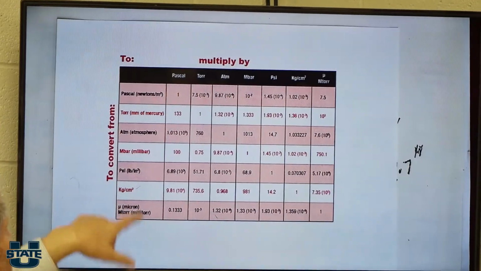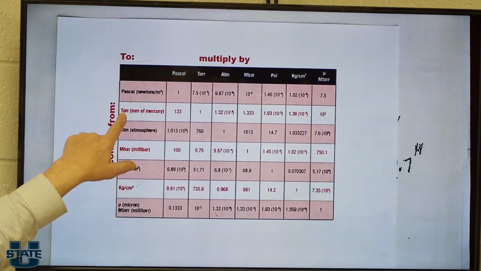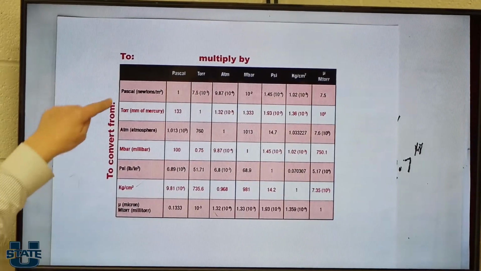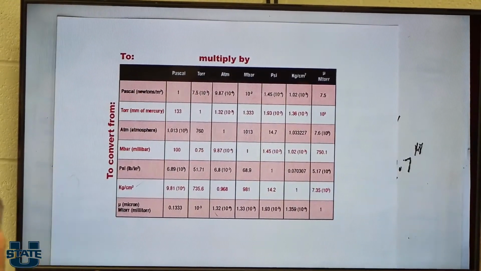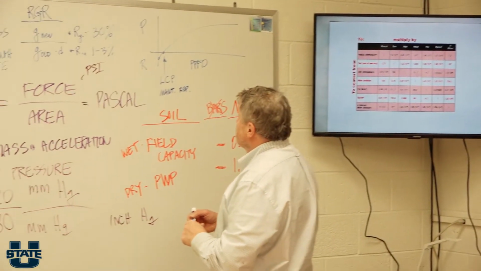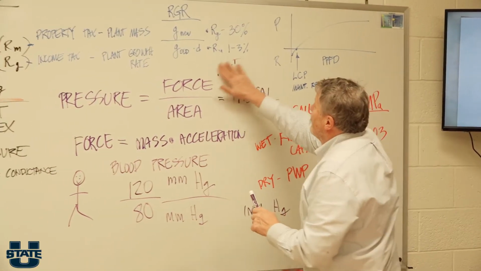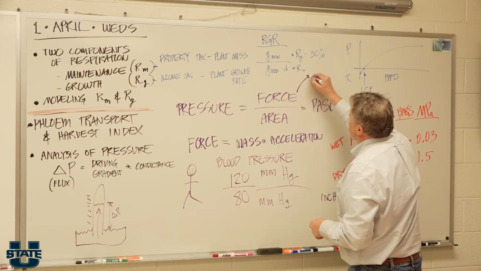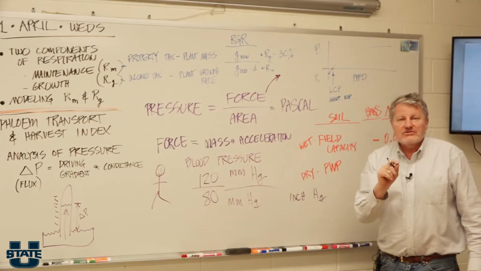Now we get some more. Torr. 1 torr is 1 millimeter of mercury. Here's pascals. I don't have much room left. What's the unit of force in the SI system?